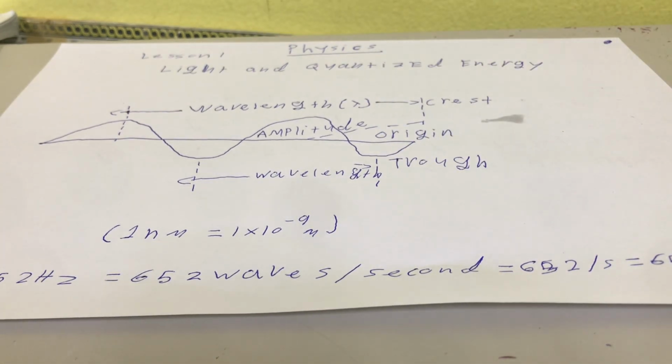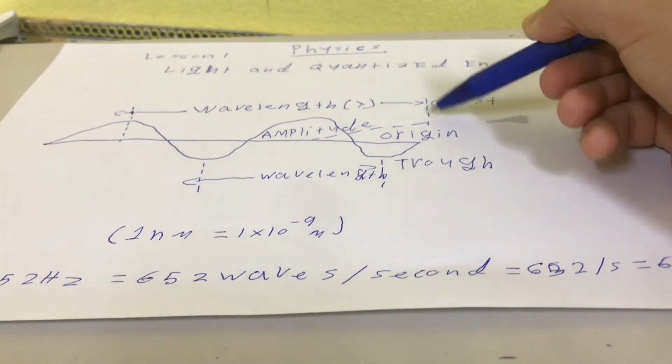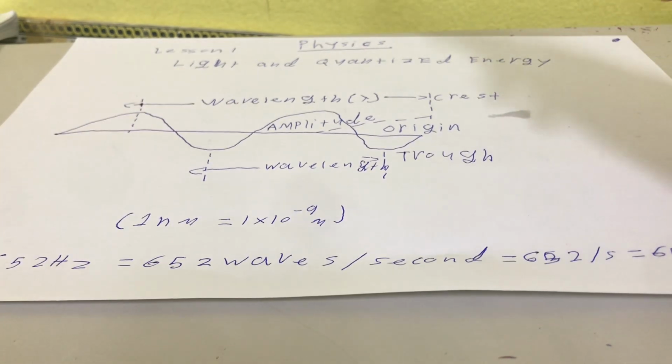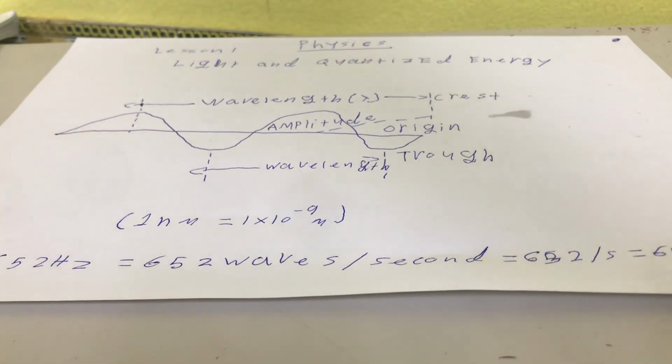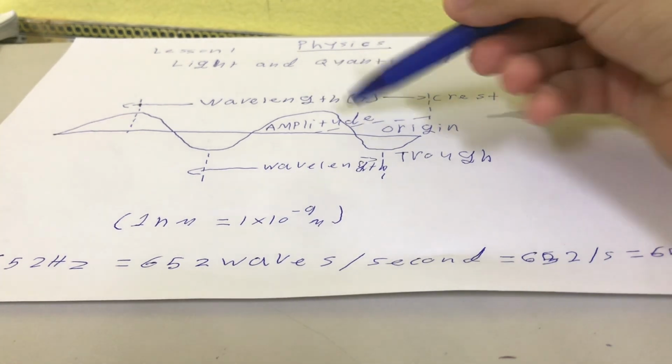Here is the crest. The crest is the highest top in the wave, and the trough is the lower part of the wave. So here we have a wavelength, and here a wavelength.